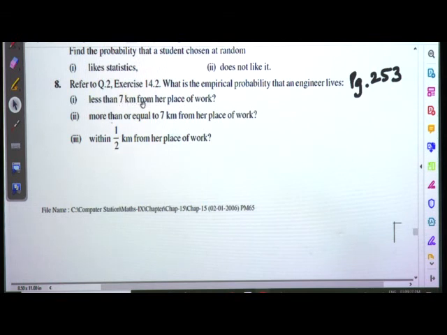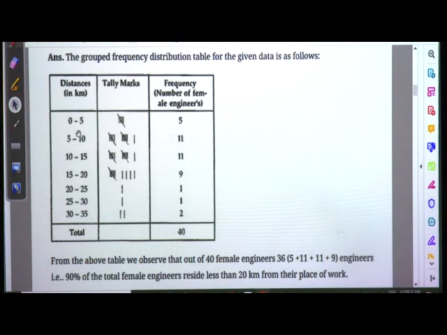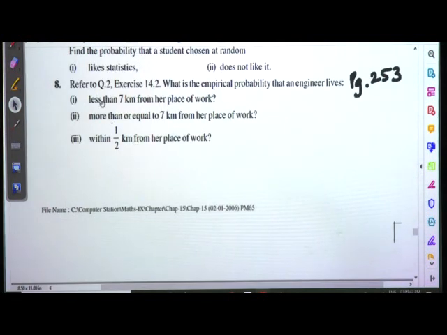Less than 7 km from her place of work. Now, what is given here? This is 0 to less than 5, 5 to less than 10. And in our question, less than 7 kilometers, 7 kilometers or more.